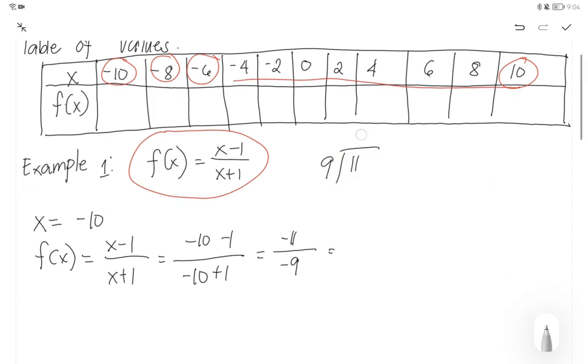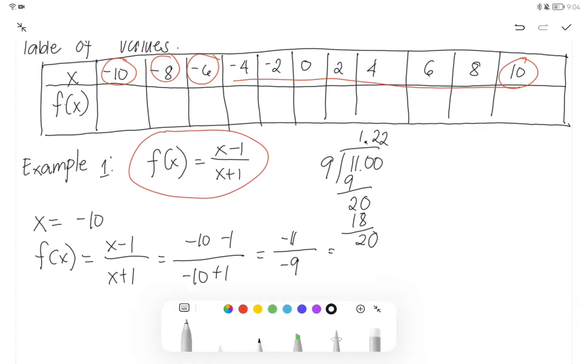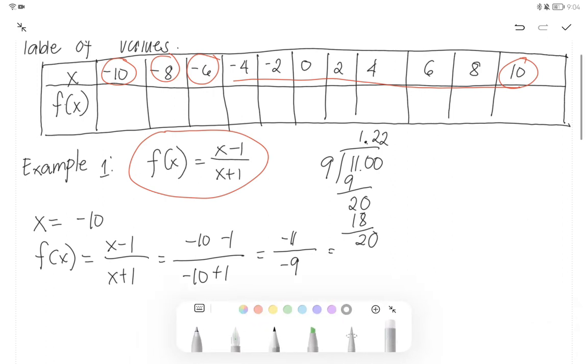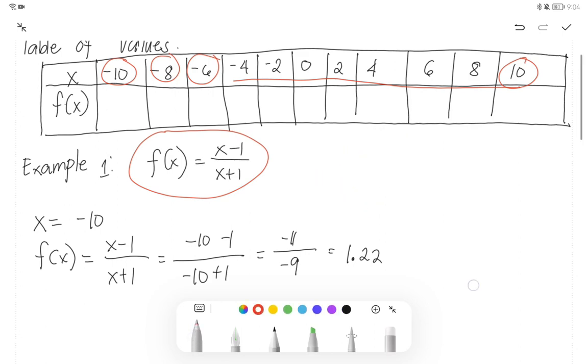That gives 1, then 2, add another 0, 2, add another 0. We stop at 2 decimal places because it is a repeating decimal. So the answer here is positive 1.22. Now let's proceed to the next one.